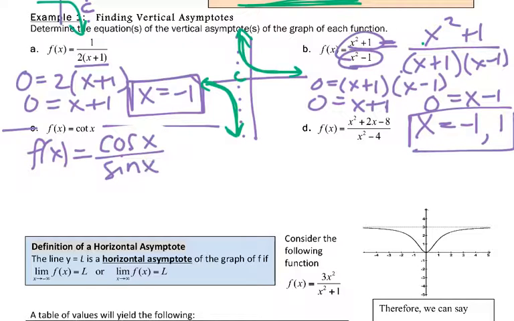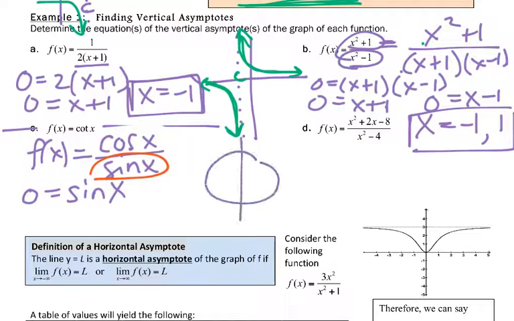So f of x equals cosine of x over sine of x. We want to know where there are vertical asymptotes. That means we need to know when the denominator equals 0. So set 0 equal to sine of x. We want to ask ourselves, when is sine equal to 0? Well, unit circle. Sine is the y value. Here we have an x value of 1 and a y value of 0.